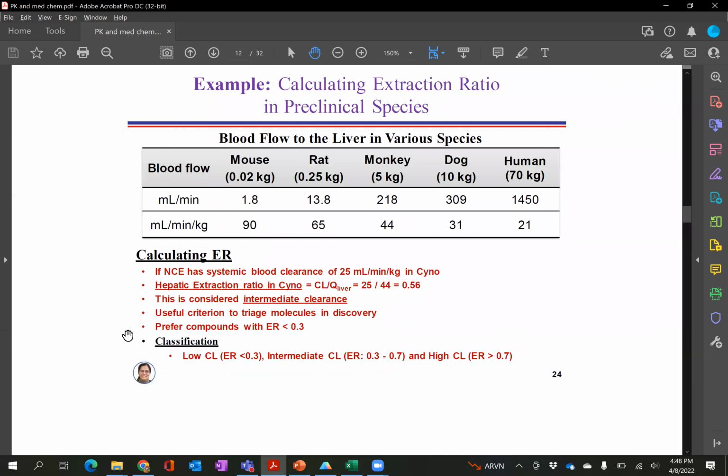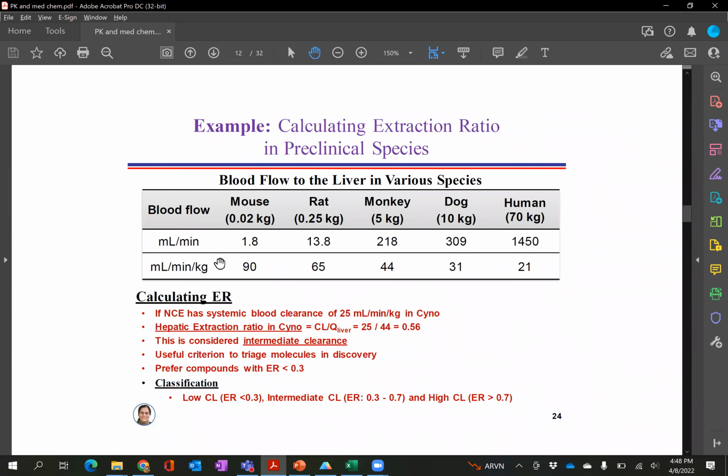For mouse, we should remember this number, 90. That's the max we can get. And for human, it's 21. Generally, for a stable or low extraction ratio compound, they use 0.3 as the cutoff.